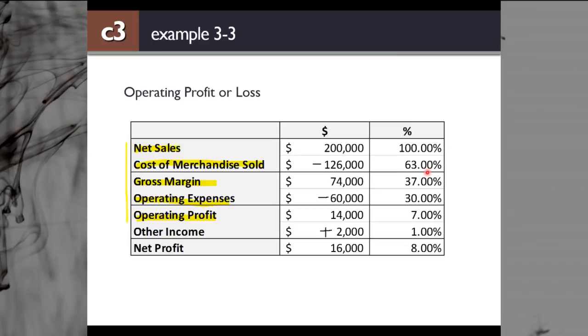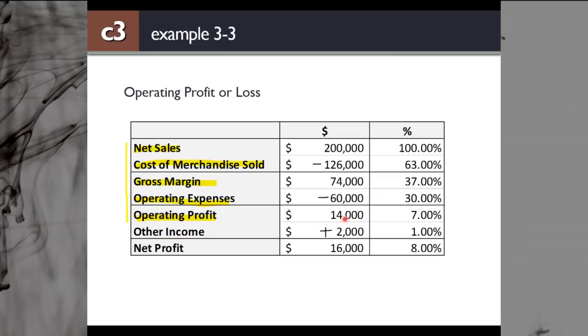And now you see this percentage here. So always net sales is gonna be 100%, and you can calculate cost of merchandise sold percentage based on your net sales. So that will be cost of merchandise sold dollar amount divided by net sales. How about the gross margin? This will be your dollar gross margin divided by net sales. And same here, operating expenses dollar amount divided by net sales.